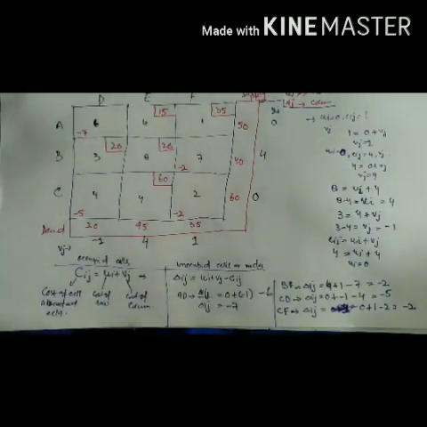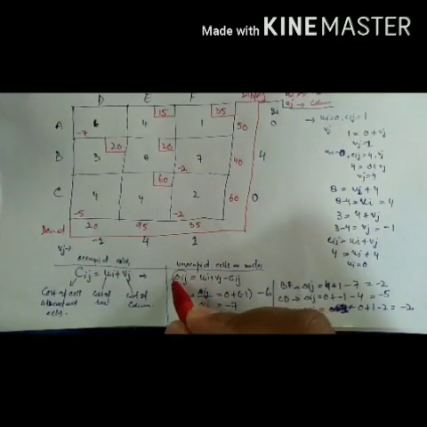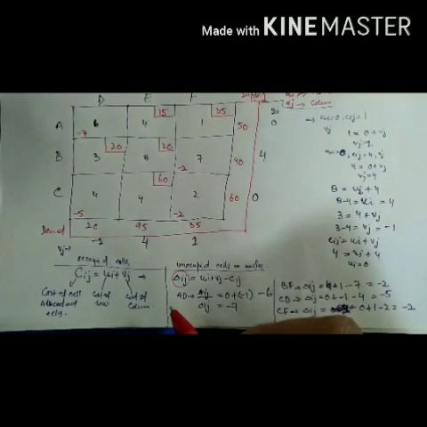Now to check for optimality, I have to see the del Ij. If the del Ij of all unoccupied routes is negative, then the problem is optimal.